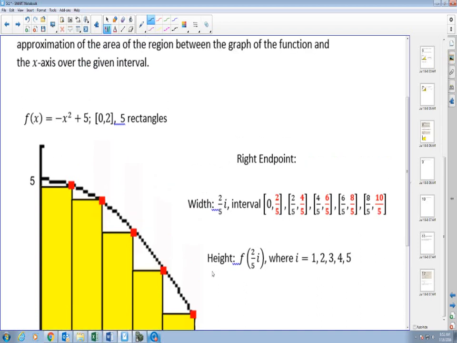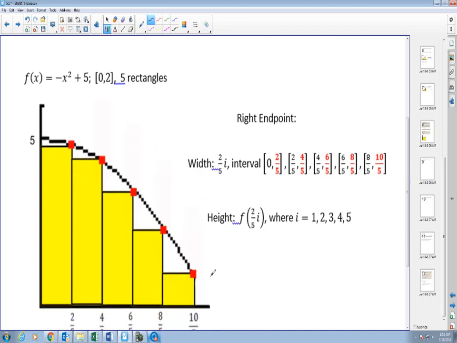Alright, to find the area of a rectangle, we take the height times the width. So how tall is this rectangle on the curve? That has got to be the y value of the function. If I take this 2/5 and plug it into the function, the y value is my height. And all I'm going to do is take that height times the width.